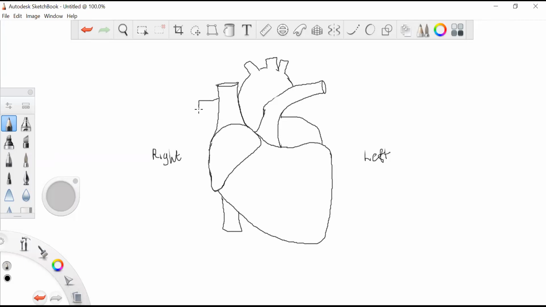Okay, this would be the right pulmonary artery. Now let us draw the left pulmonary veins. There are several branches here.